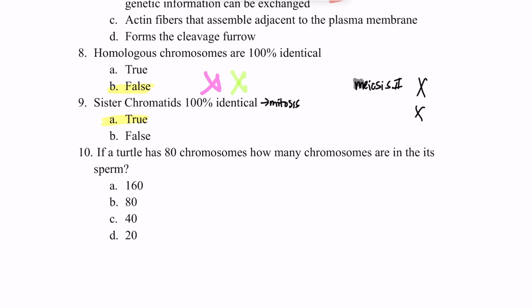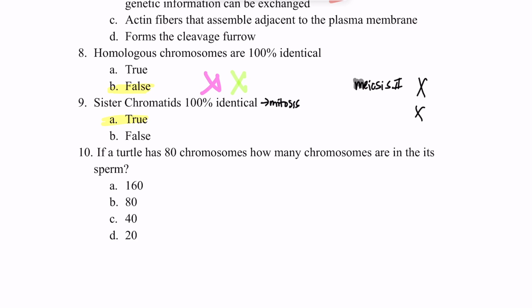Okay, number 10. If a turtle has 80 chromosomes, how many chromosomes are in its sperm? So let's just walk through this question, because this one can be a little challenging sometimes.